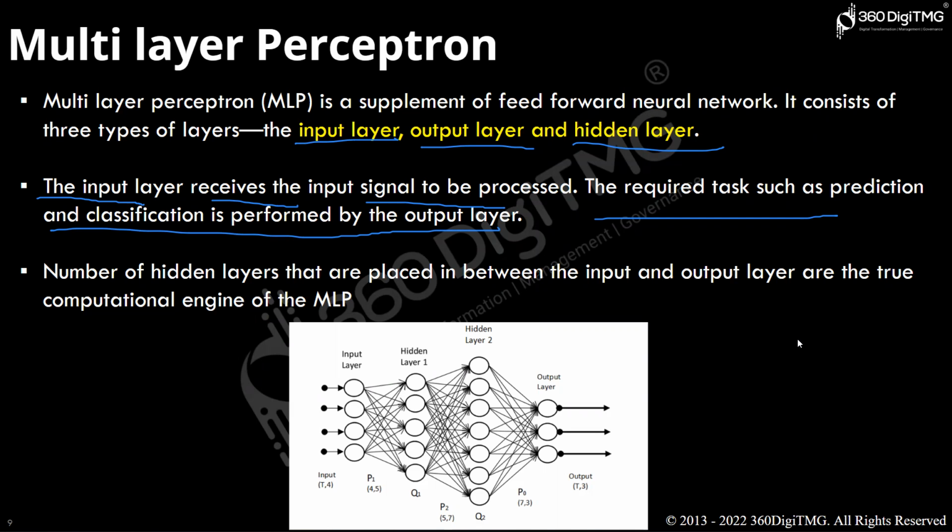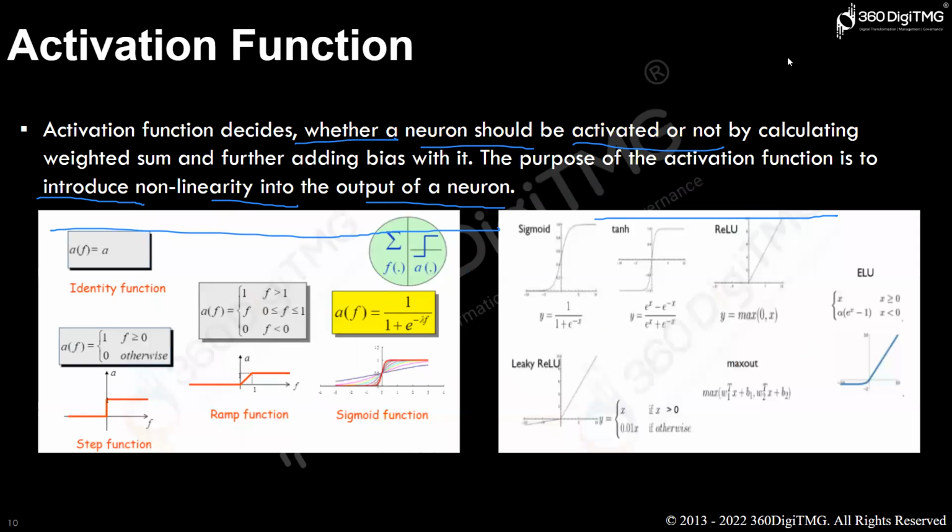Moving on, we are going to see what is meant by activation function. It basically decides which neurons get activated and which neurons do not get activated, so it works like on and off.